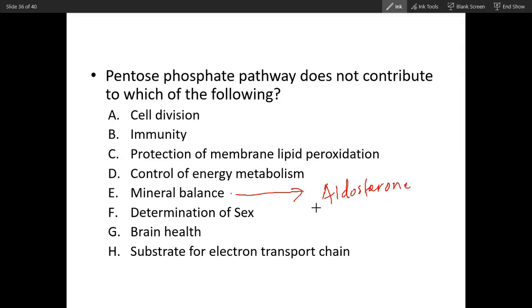Now, this aldosterone, does aldosterone require NADPH? Yes, so it is not the answer. Sex hormone, testosterone. It also requires NADPH. Then tell me.